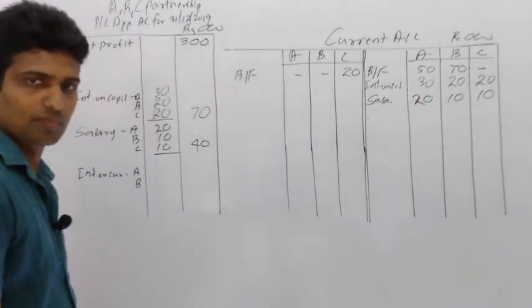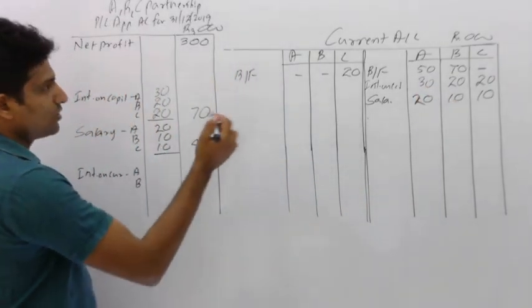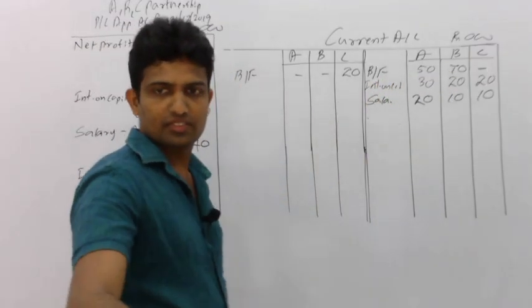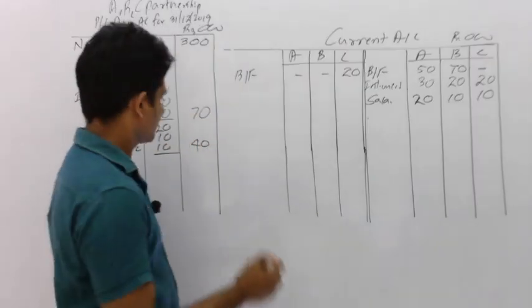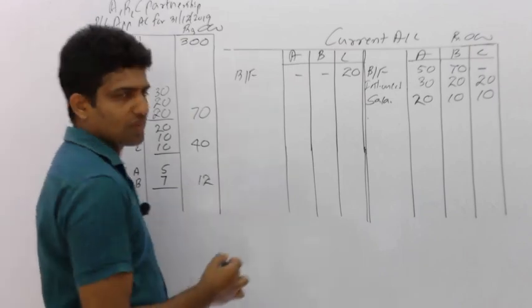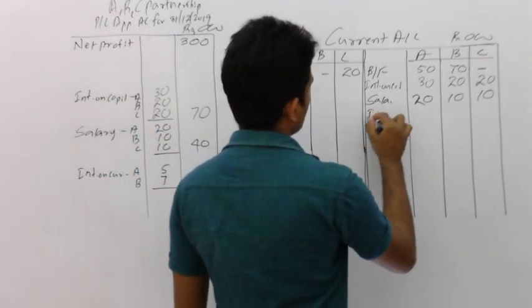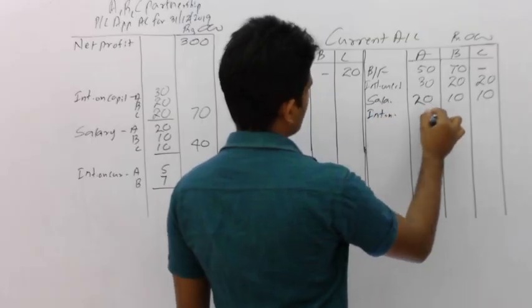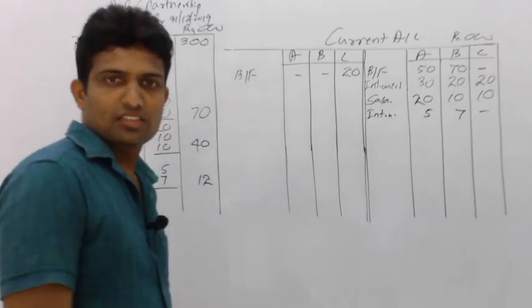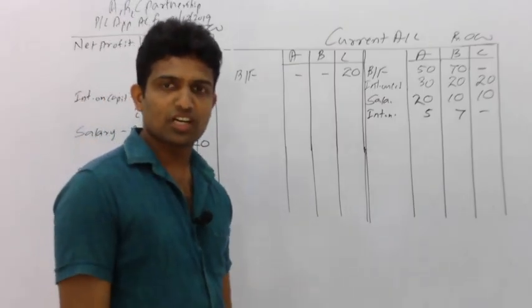Then, interest on current account balances we have to pay. If it is 10%, 5 and 7. Those are 5 and 7. Then it's 12. Credit here, interest on current account balances. 5 and 7. As C has a debit balance, we have to charge.